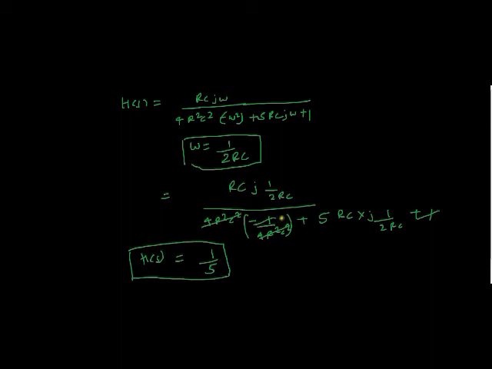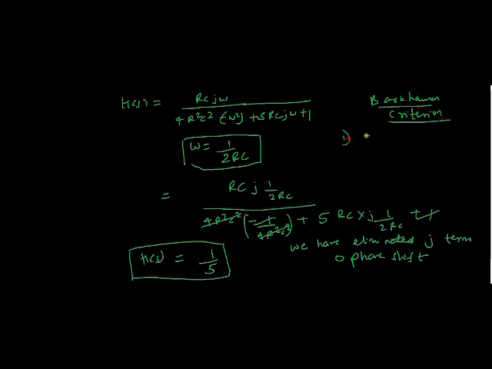So what we have effectively done is eliminated the j term, so zero phase shift. In the Barkhausen criterion, one condition is met.